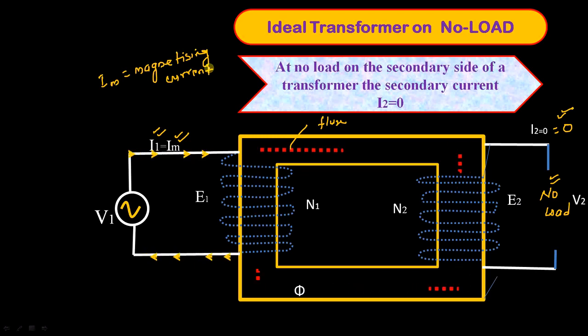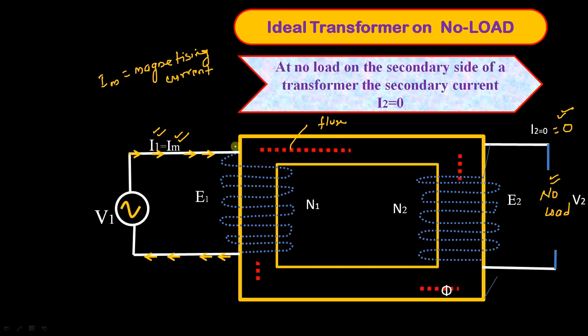As the transformer is ideal, the winding resistance is 0. It is purely inductive in nature. Please note down this one: an ideal transformer is inductive in nature.